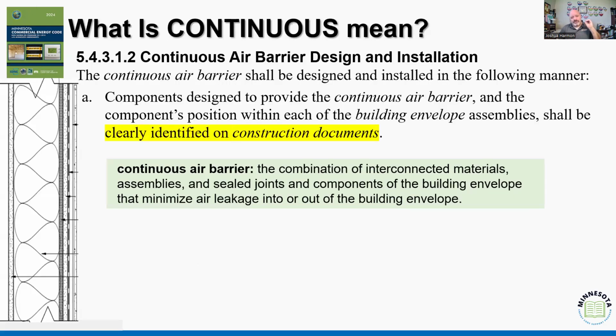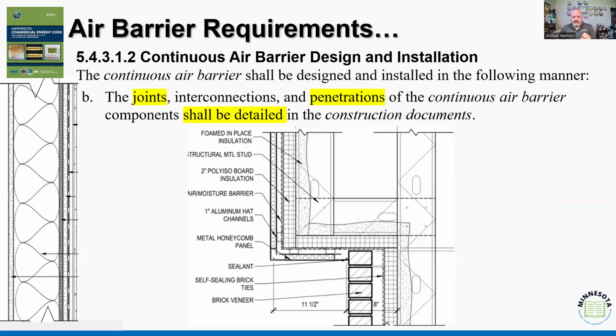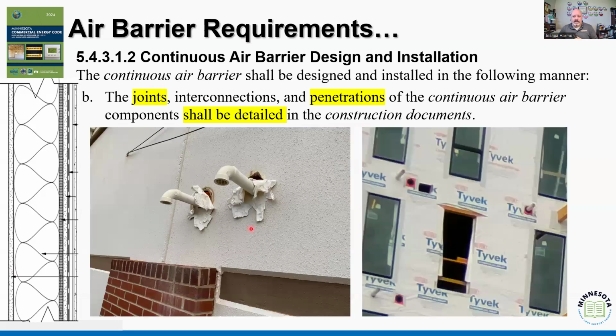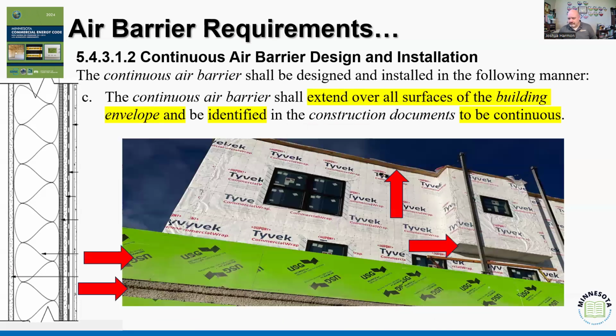But again, remember, we're making sure this information is clearly identified on our construction documents, that the details are there for how to deal with penetrations, joints, interconnections, those kinds of things. So that, again, we know the appropriate types of responses aren't just taping with masking tape or duct tape, that we have an actual design that resists the appropriate amount of wind pressure, right?